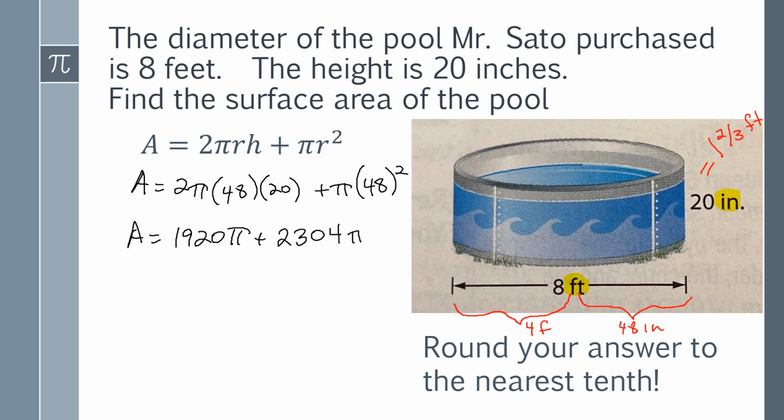So we're going to add those together. 1,920 pi plus 2,304 pi. That's 4,224 pi.